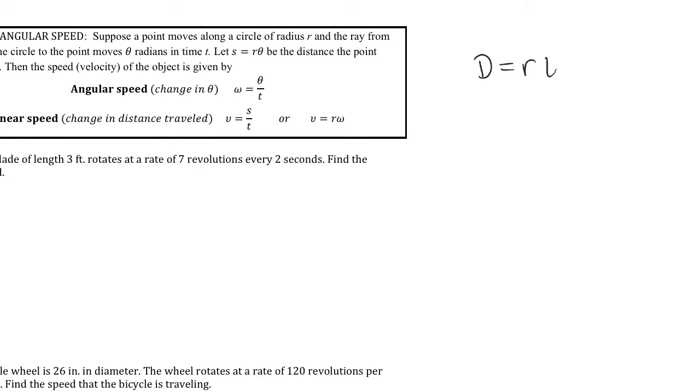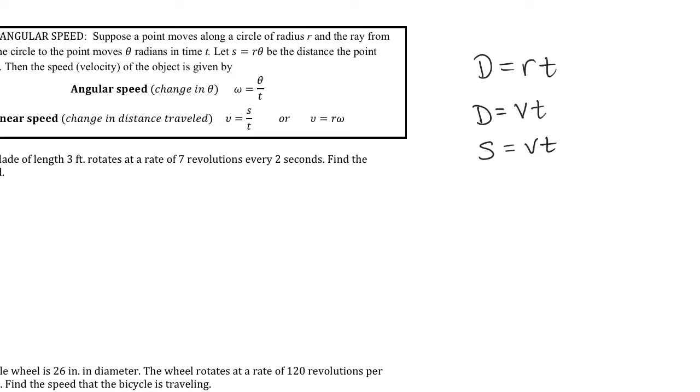Distance equals rate times time. And instead of rate, that means speed, that means velocity, those all are interchangeable. So I'm going to rewrite that with a v instead of r. And then our distance, when we're dealing with a circle, that would be the distance around a circle, so I'm going to replace that with s.